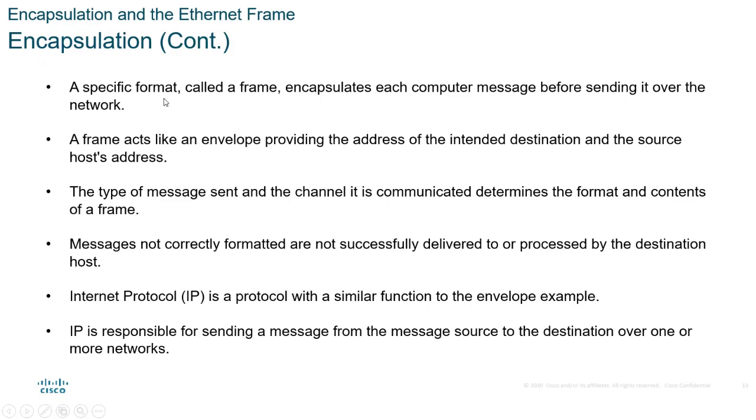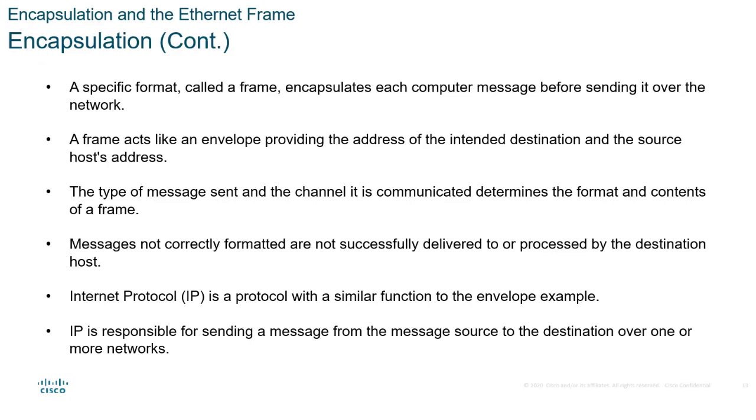So a specific format called a frame encapsulates each computer message before sending it over the network. The frame acts like an envelope, providing the address of the intended destination and the source host's address. This information is like control information for the message you are sending.